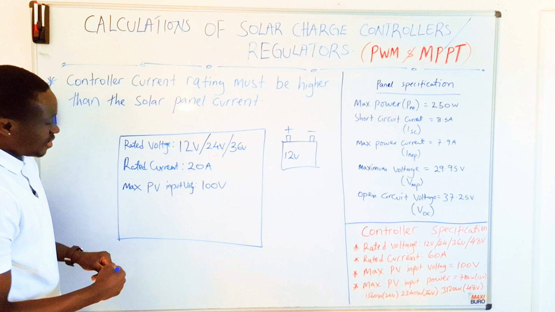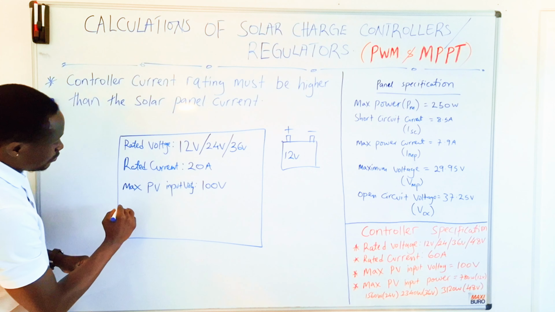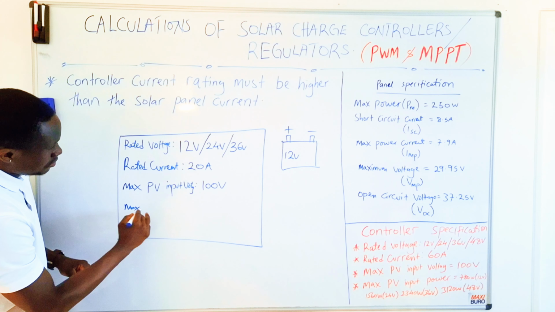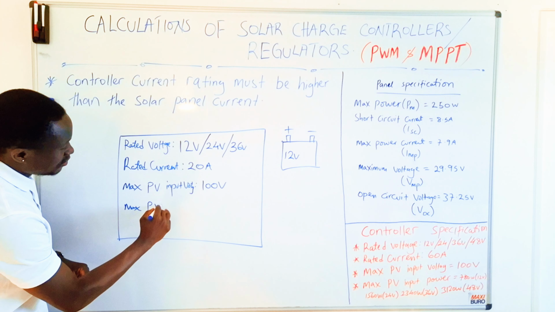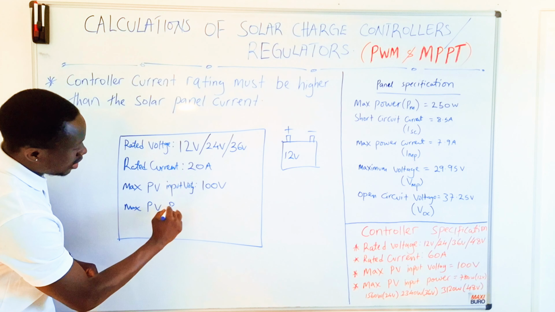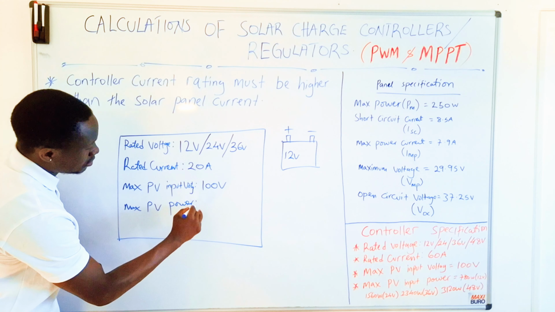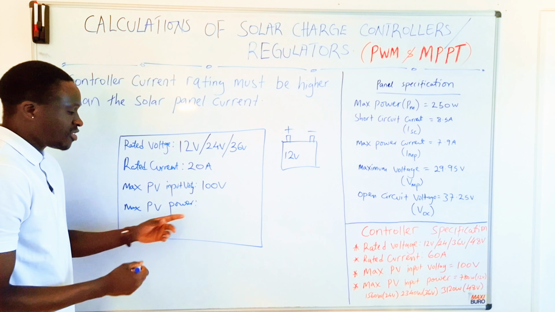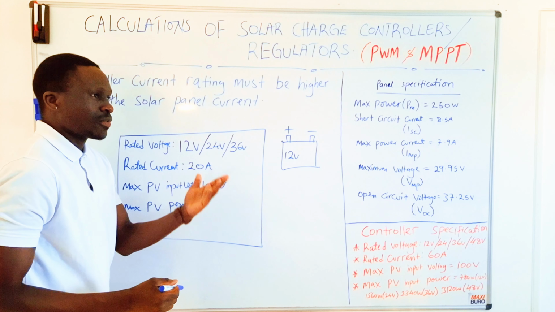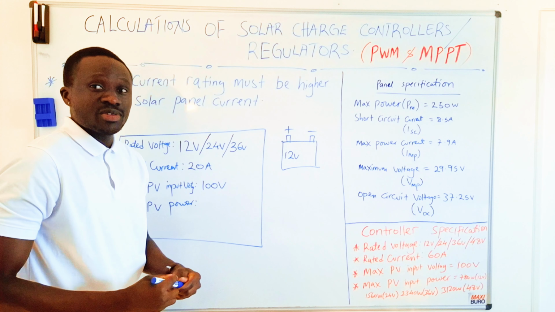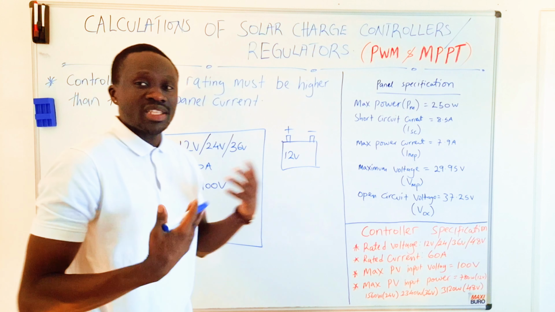Okay, now you'll also find the maximum PV power. Those are the power ratings of the panels. You know, panels are rated in watts.